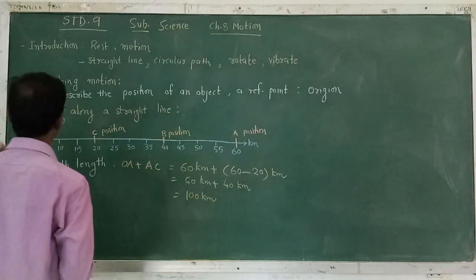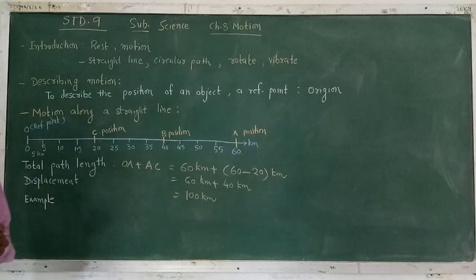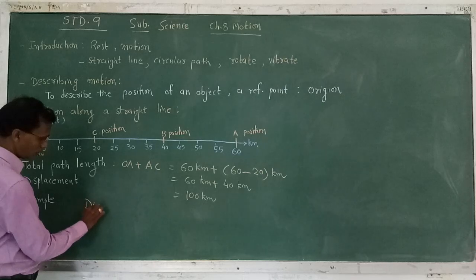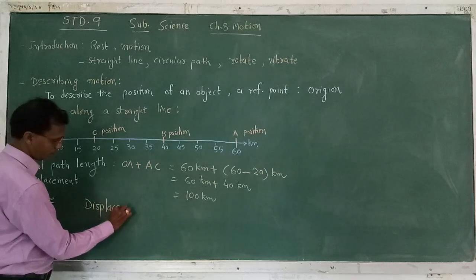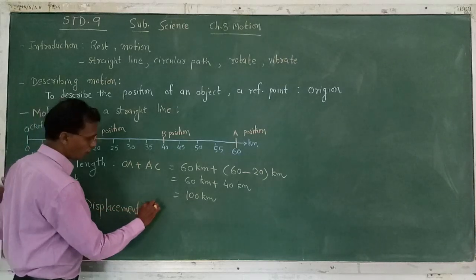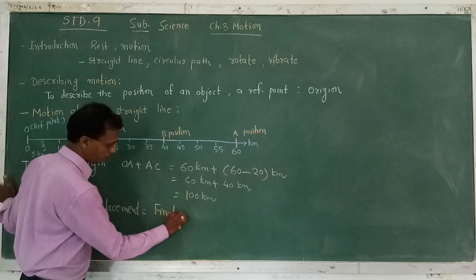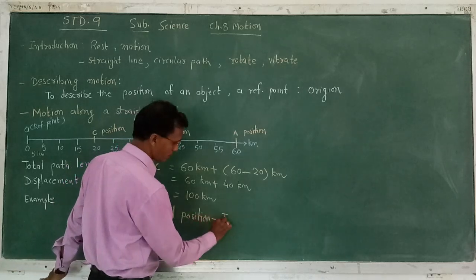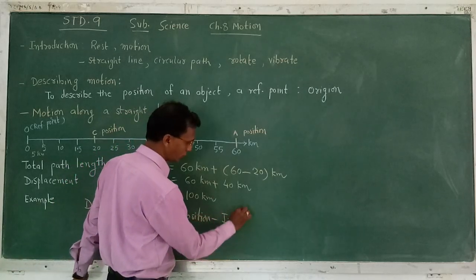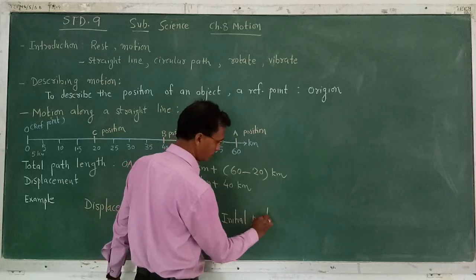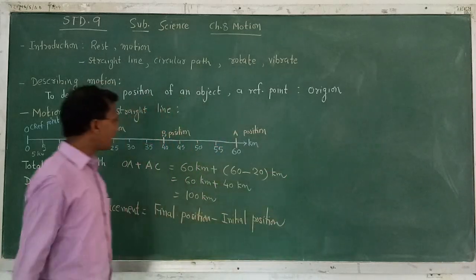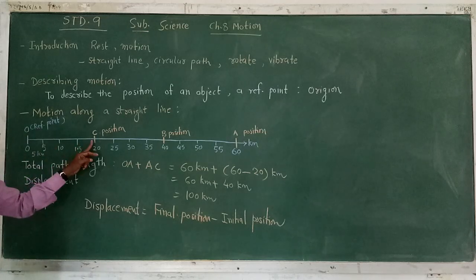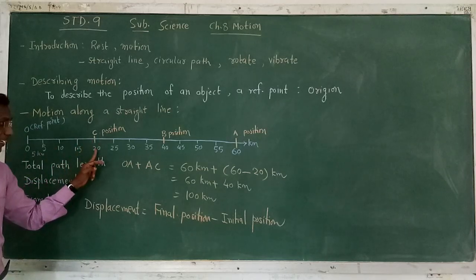But here we have to calculate the displacement. As you know, displacement is equal to final position minus initial position. Here the initial position is 0 kilometer. The final position is the C position, that is 20 kilometer.